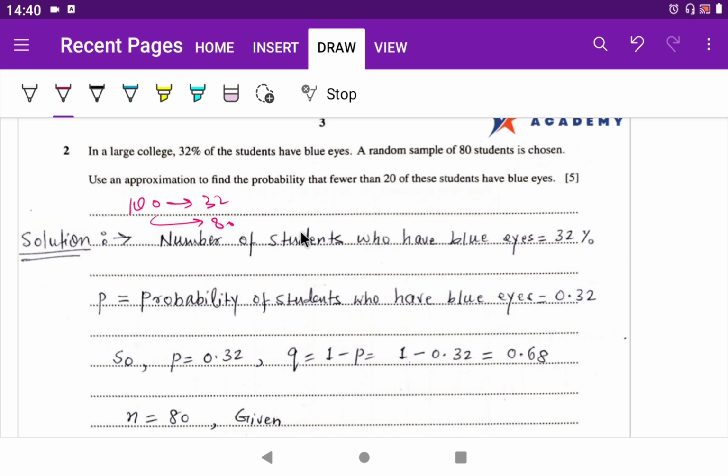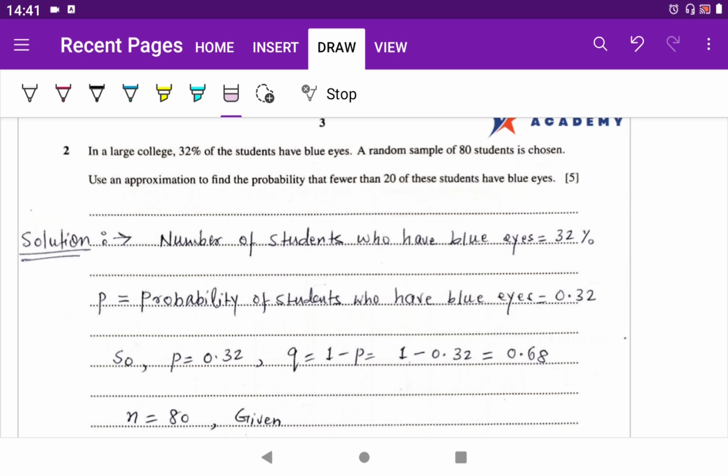So what is that probability? The percentage of students who have blue eyes in the college is 32%, so the probability of students who have blue eyes is 0.32, and the probability of students who do not have blue eyes is 1 minus 0.32, which is 0.68.